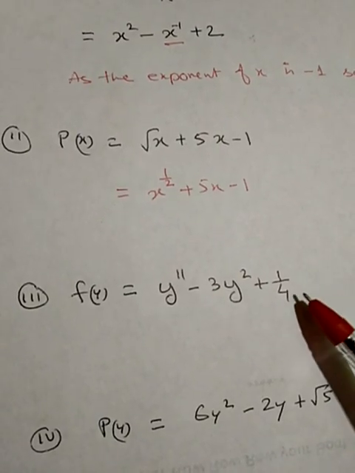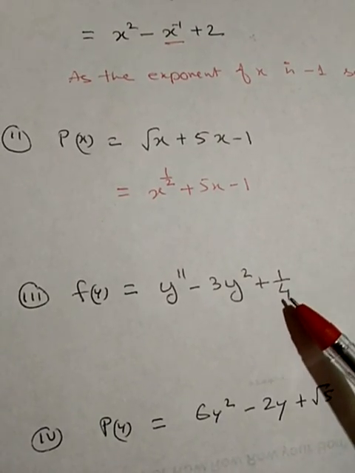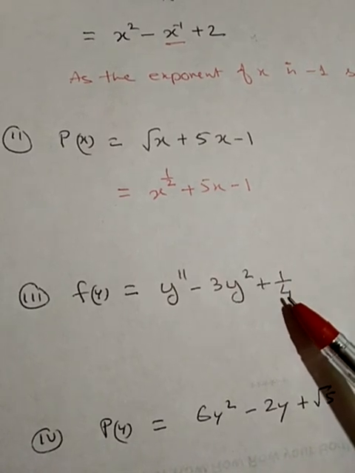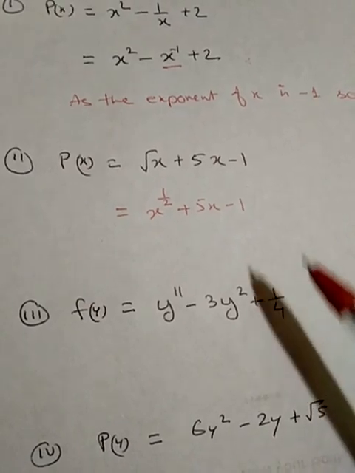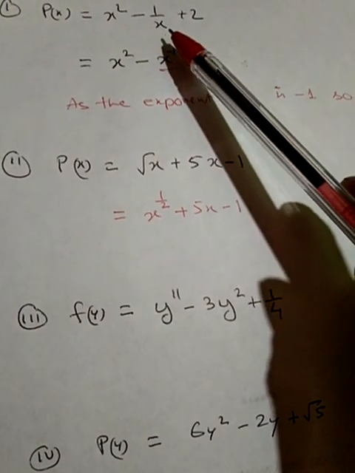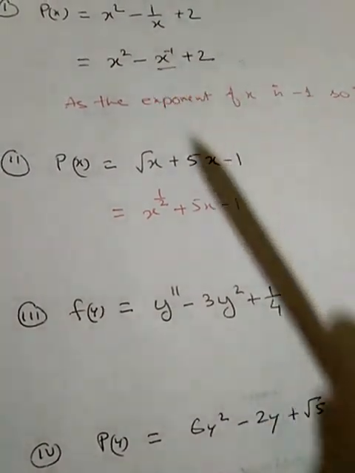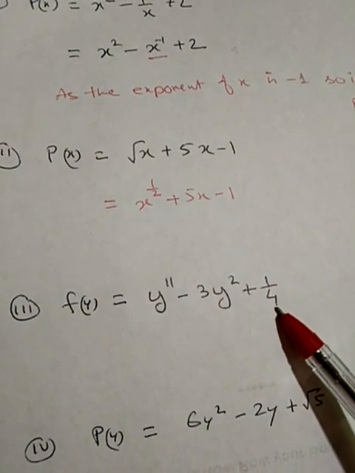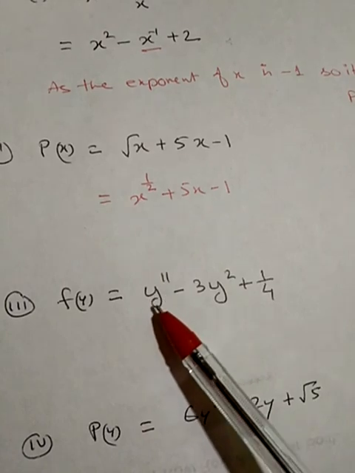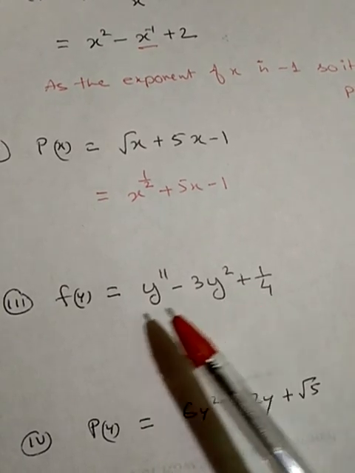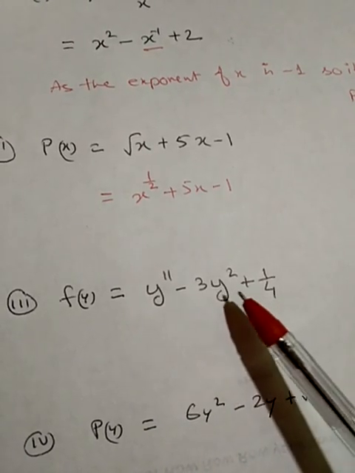Though here the constant is below, 1 by 4, we might think that this is not a polynomial if we compare with this, but here you must see that x is the variable and here 4 is a constant. So we'll have to see only the exponent of the variable. So this can be a polynomial.